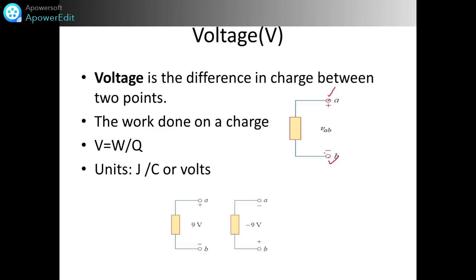If a charge is present at point A and moved to point B, we need to do some amount of work. That work done on a charge is called voltage.